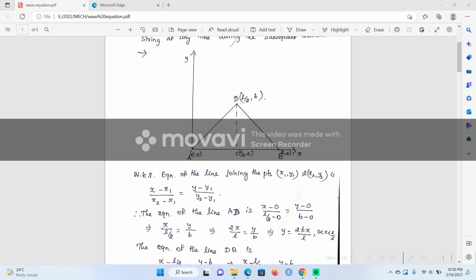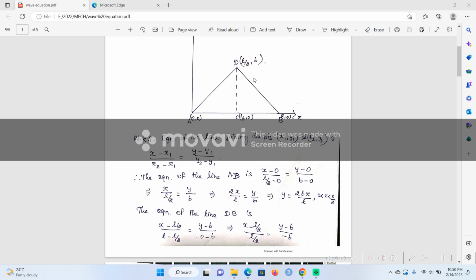So this is one of the equations. So the displacement may happen in this format. Similarly, the other line DB can also be found. This DB is also a straight line which joins 2 points L by 2 comma b and the other point L comma 0.